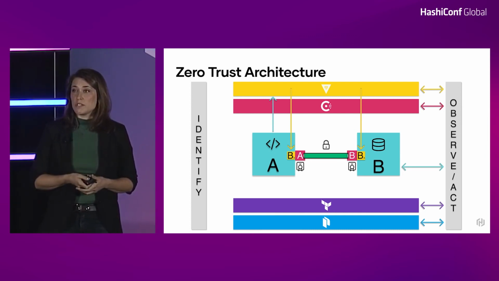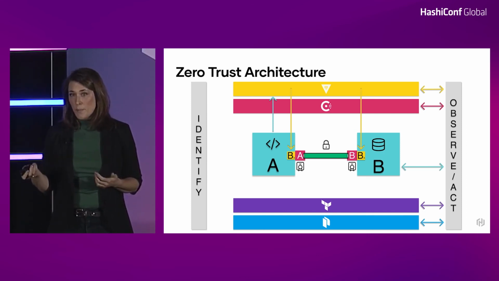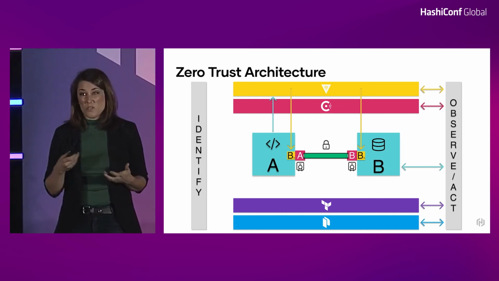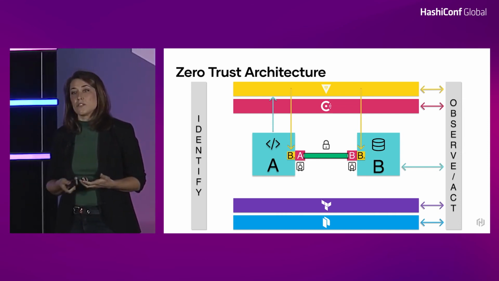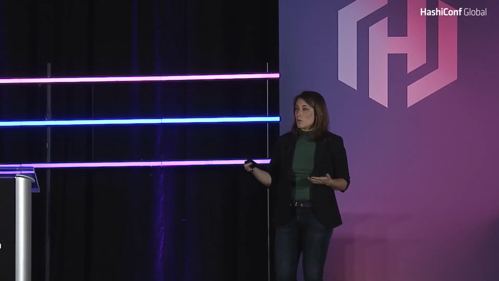Vault will give them to service A, and service A can now connect to service B. Now, this works for database credentials, but it's also fundamentally the same pattern that you're going to see for something like dynamic PKI. So once you start learning one, the next step becomes much easier, which leads us eventually to something like this architecture, which means I can leverage mutual TLS via proxies and identity.